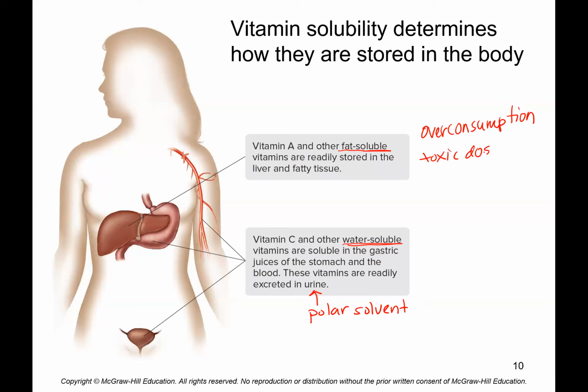So with fat-soluble vitamins, there is such a thing as a toxic dose, something we do need to think about and consider, because it can cause some health problems because you don't excrete them. But with water-soluble vitamins, that's not much of a concern because they just get excreted in the urine. So this is an example of why it is important to be able to determine solubility and why we classify vitamins in this way, because it tells us a lot about their functions.